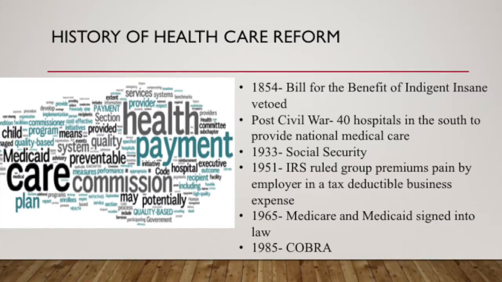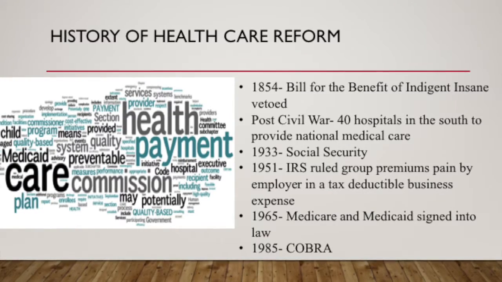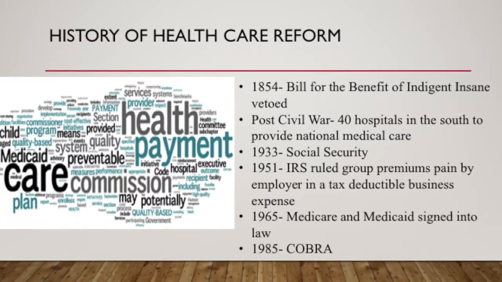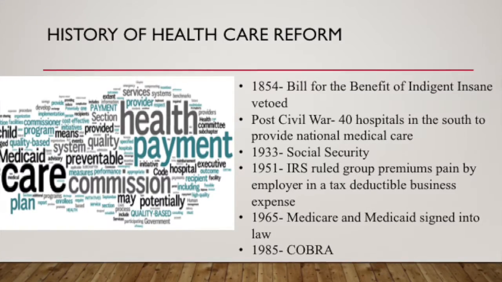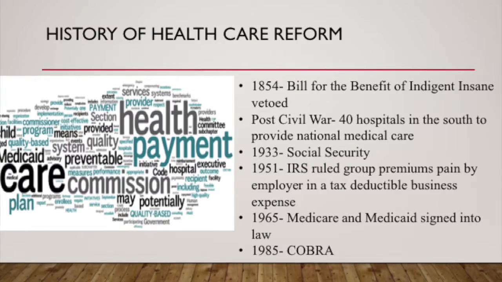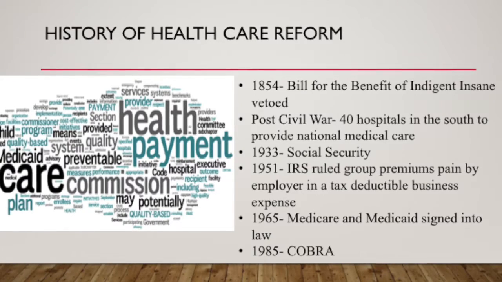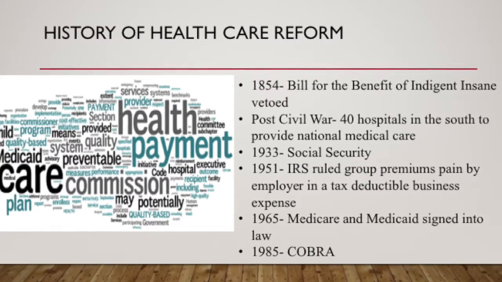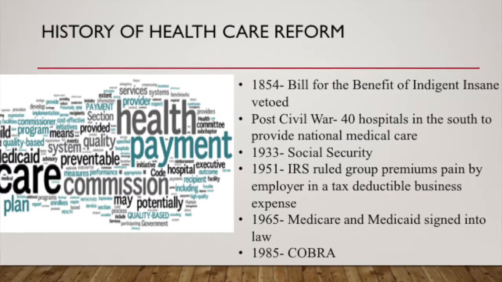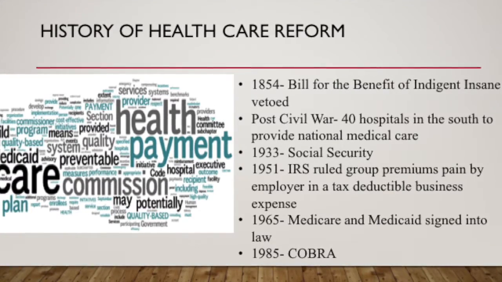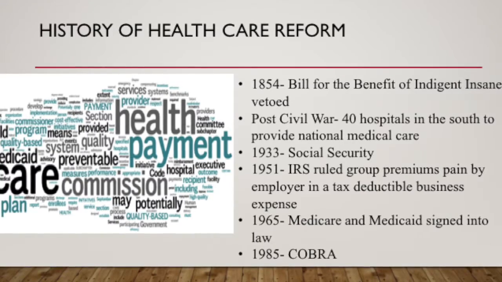In 1933, Franklin D. Roosevelt included publicly funded healthcare programs with Social Security legislation. In 1951, the Internal Revenue Service ruled group premiums paid by employers a tax-deductible business expense. And on July 30th, 1965, President Lyndon B. Johnson signed into law Medicare and Medicaid.